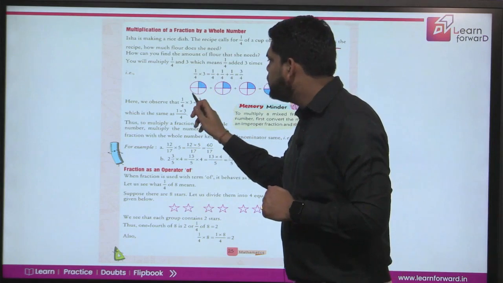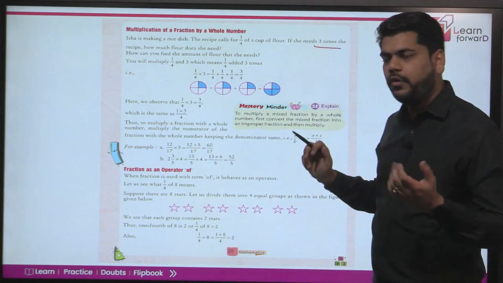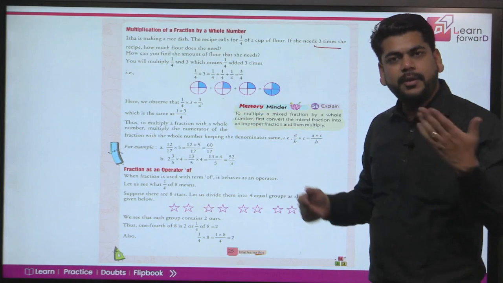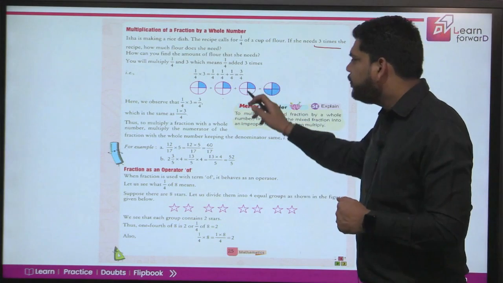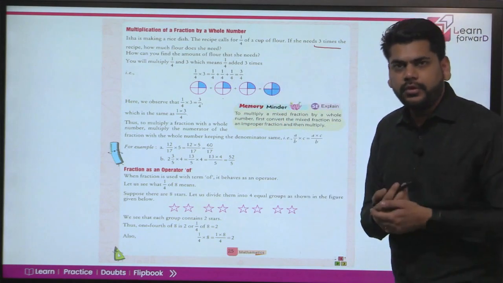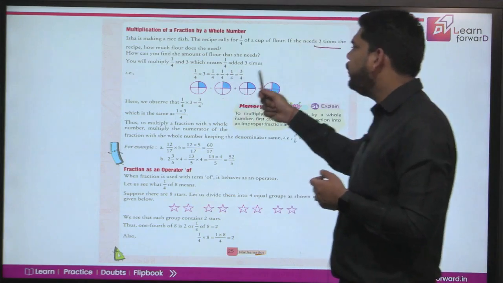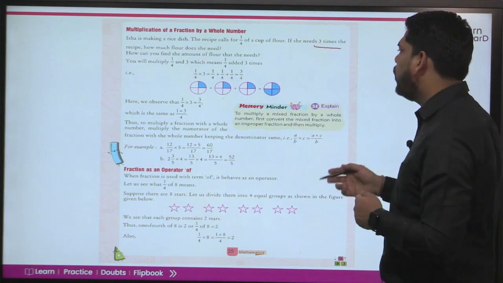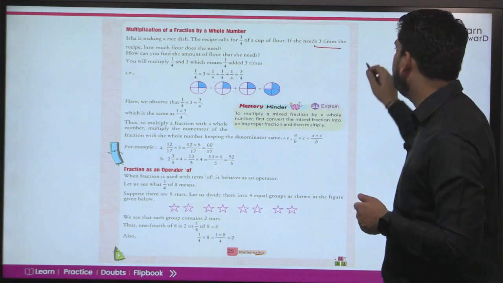For the first dish, she will be needing 1/4 of flour. For the second dish, also she will be needing 1/4 cup. For the third one also, she will be needing 1/4. Then we are adding 1/4, 1/4, 1/4 3 times, because repeated addition is called multiplication.